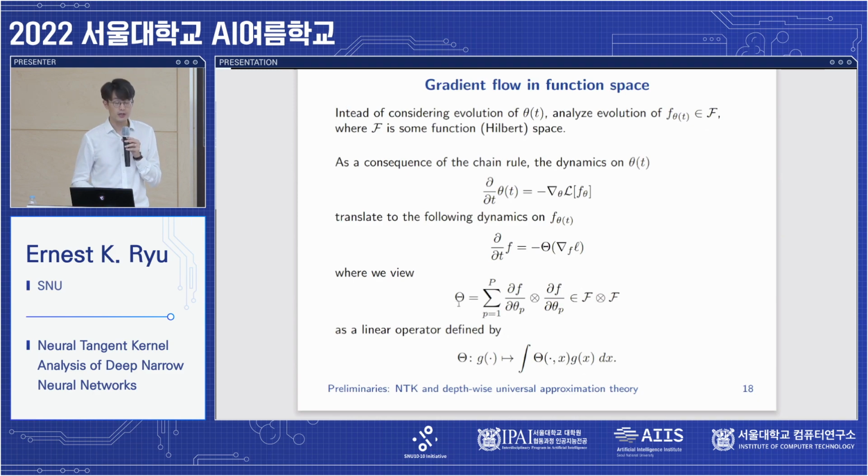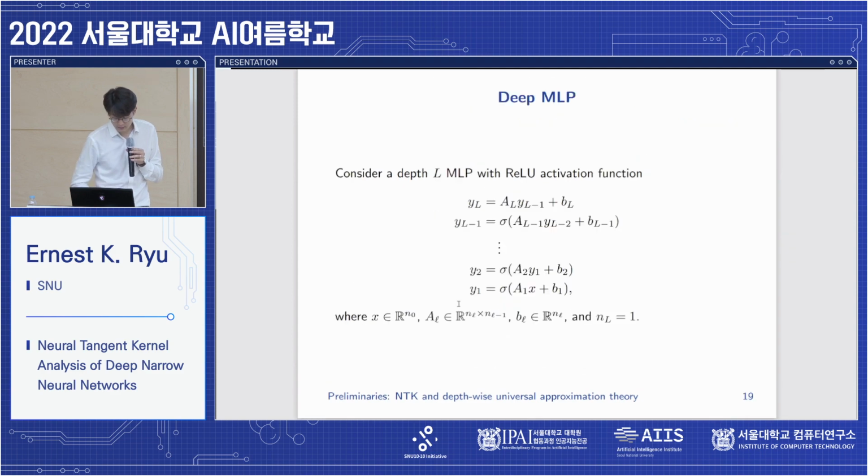So this big theta is referred to as the neural tangent kernel, and it acts as a linear operator in the space of functions. Okay, so the model that was initially analyzed for the neural tangent kernel is the deep multi-layer perceptron. This is where people started, and then people also considered deep convolutional networks as well. So this is the most basic form of the deep MLP.